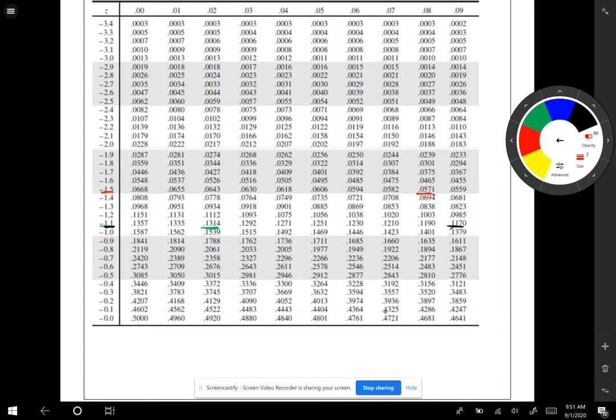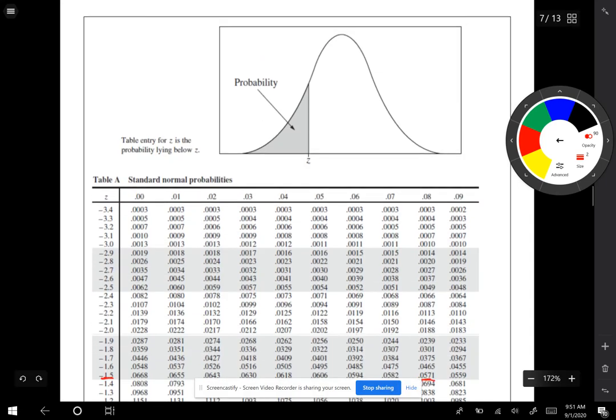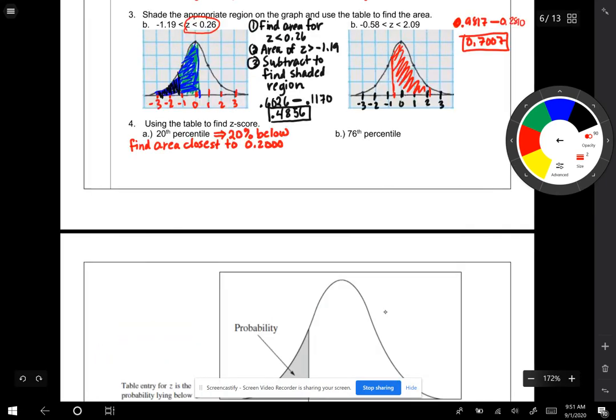So if you look towards the bottom, this looks like it's going to be closest to 0.2000, and that is negative 0.84, because negative 0.8 right here, and then reading the vertical column, that would be adding 0.04, so that's negative 0.84. Okay, and if they're asking you, well, explain your thinking.